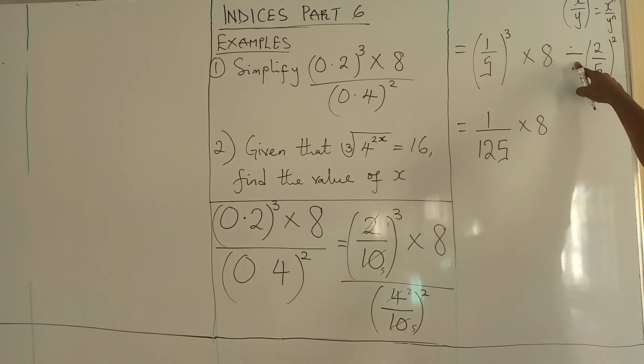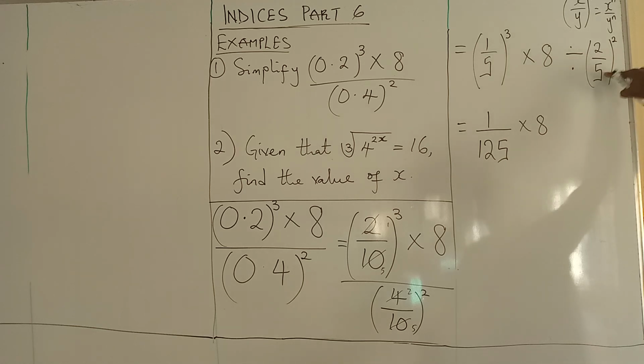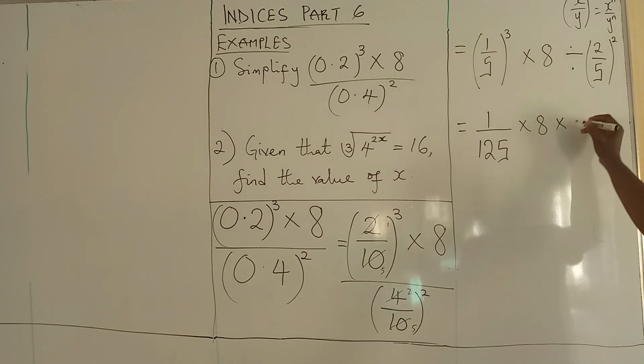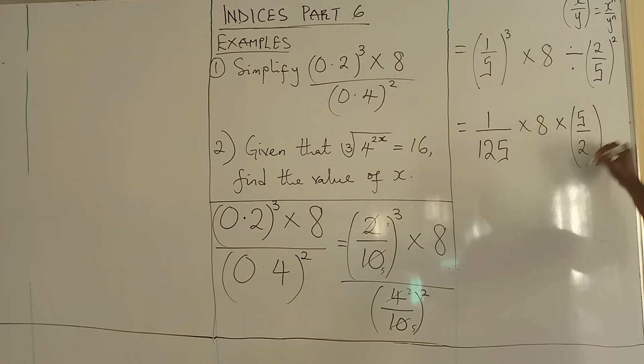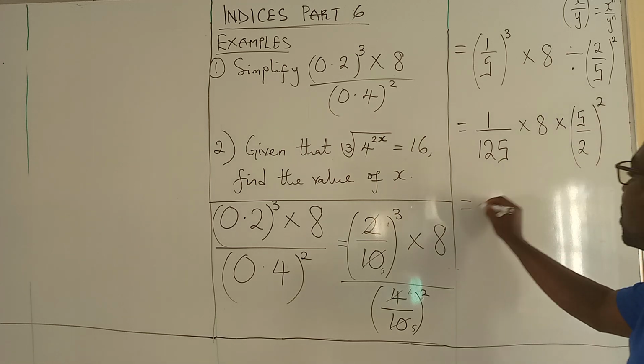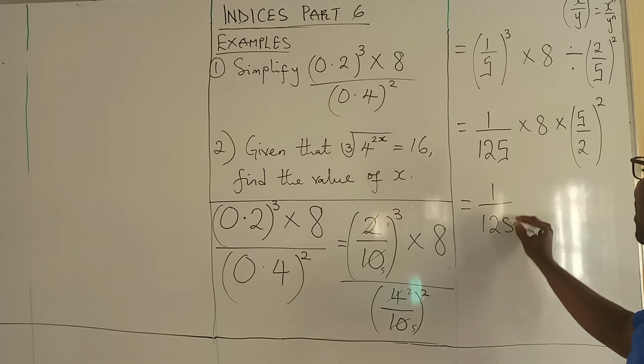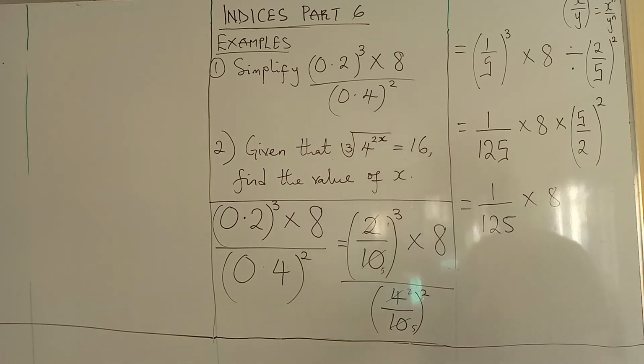When you change this to multiplication, what is down will go up and what is up will come down. So this becomes 5 over 2 raised to power 2. So this is giving us 1 over 125 times 8 times 5 raised to power 2 is 25, and then 2 raised to power 2 is 4.